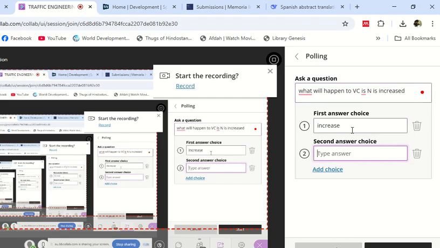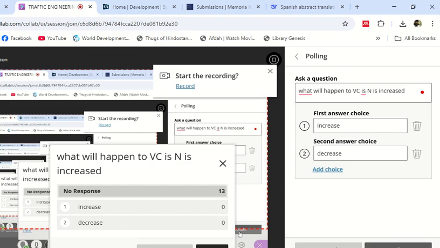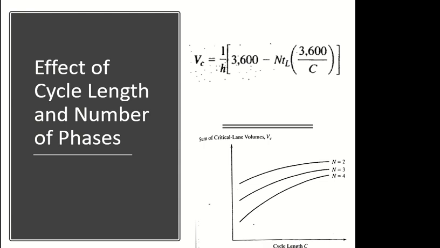Will it increase or decrease? Yes, tell me. This is the equation you have. So if I increase N, what will happen to Vc according to this equation?